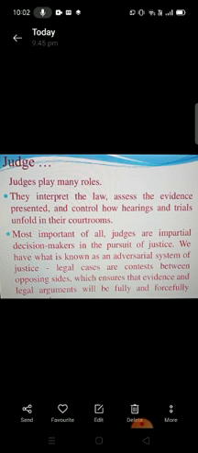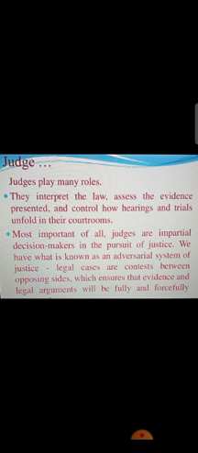We have what is known as an adversarial system of justice. Legal cases are contests between opposing sides, which ensures that evidence and legal arguments will be fully and forcefully presented.